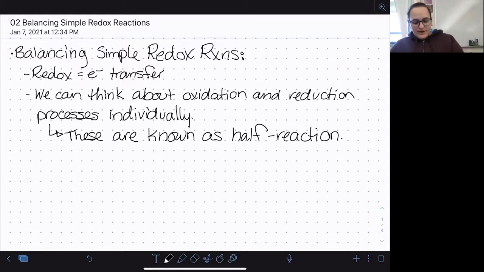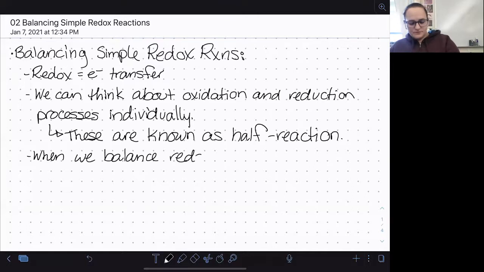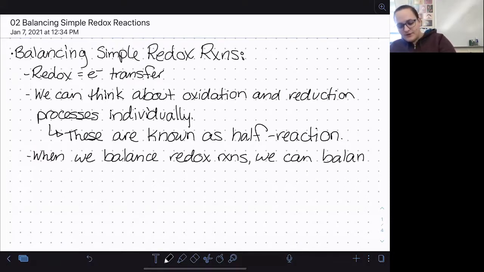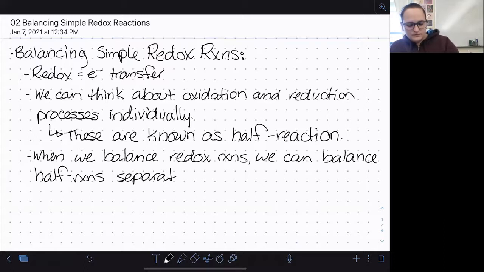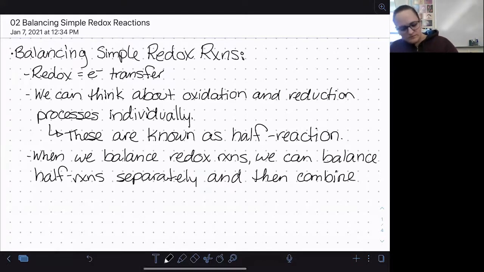When we balance redox reactions, we can balance the half reactions separately, and then combine them into our overall net reaction.